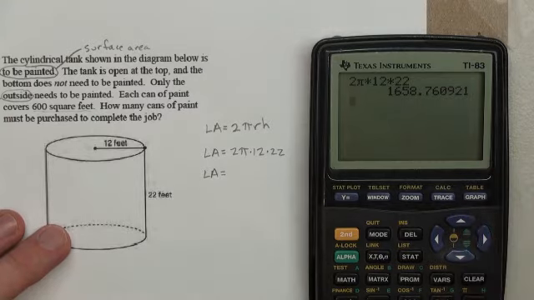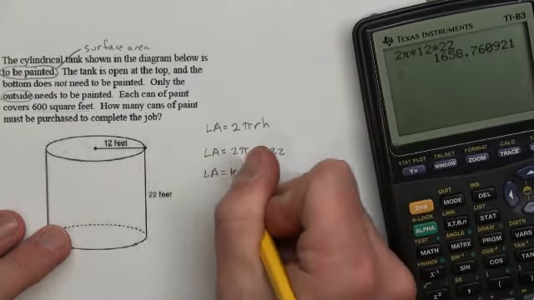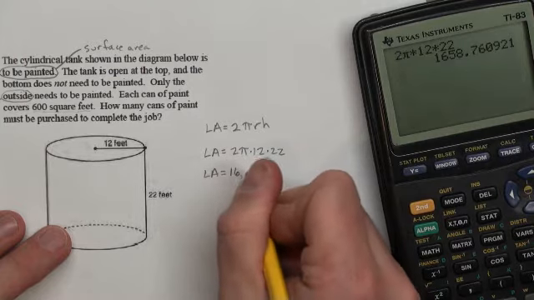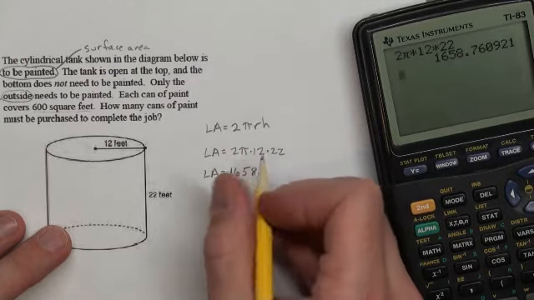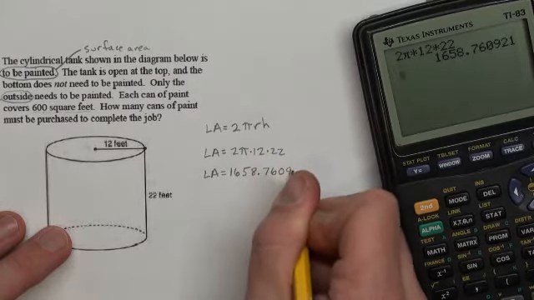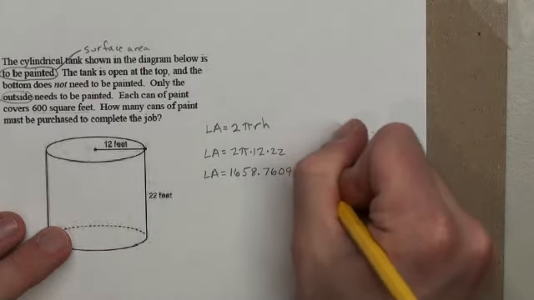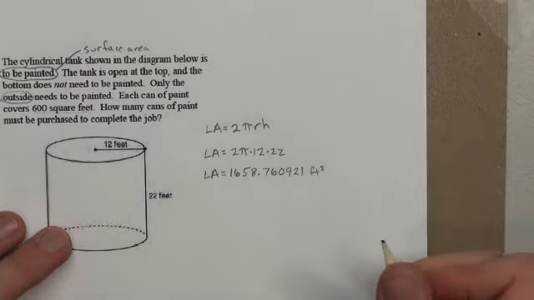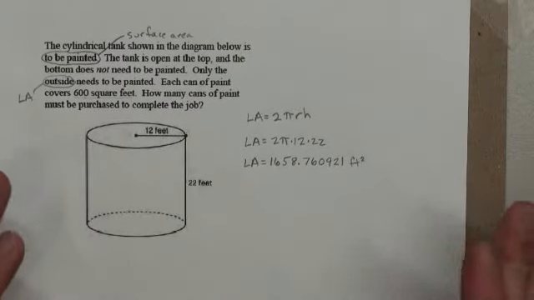In fact, let's just put the whole thing just to be safe. 1658.760921, and that's feet squared. So that's how many square feet I need to paint.